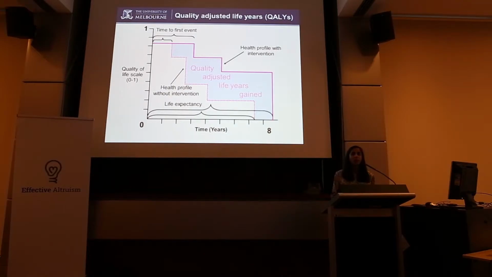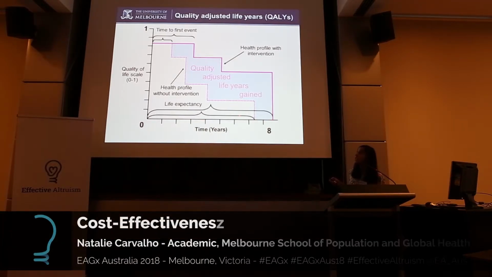This is sort of visually what a QALY would look like. And essentially what it is, it's a measure of time, a length of time, but it's adjusted for quality. So that's very simply what it is. It's an amount of time lived, but what we're doing here is we're adjusting it for some measure of quality of life, which is a simple scale from 0 to 1, where 1 represents perfect health and 0 represents death.